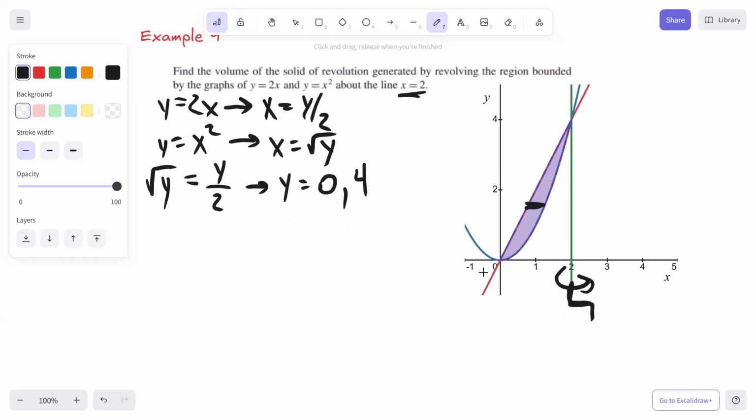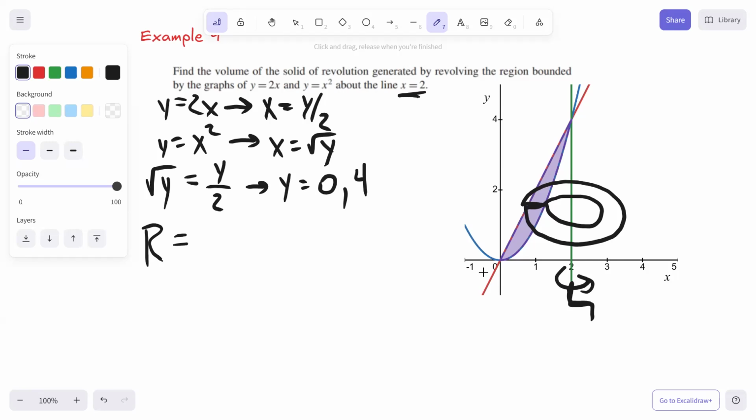Okay, now when we revolve this around this axis right here, we're still going to do right minus left, but we have to be careful here because the axis of rotation is to the right of the region as opposed to the left side of the region.